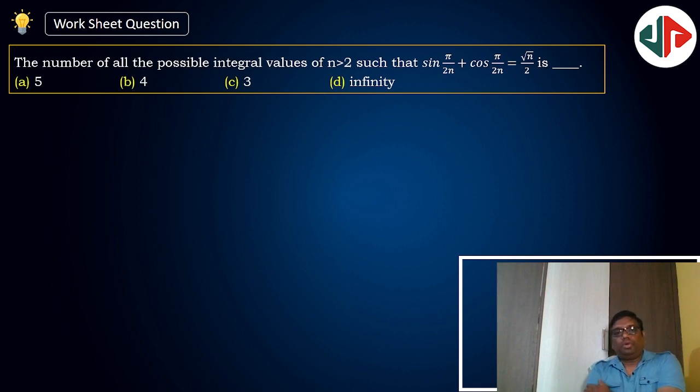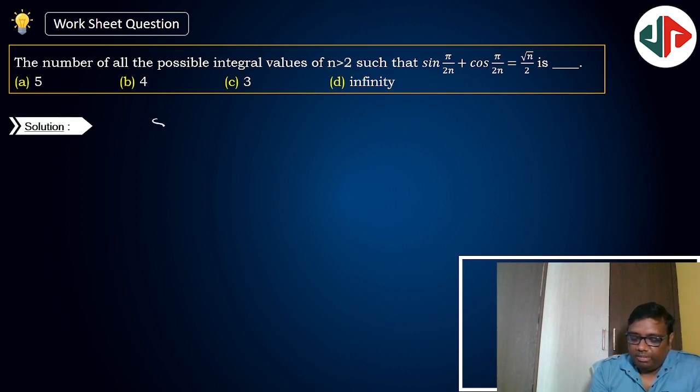See, the number of all possible integral values of n greater than 2 such that sine of pi by 2n plus cos of pi by 2n is equal to root n by 2. So here sine of pi by 2n plus cos of pi by 2n is equal to root n by 2 is given.